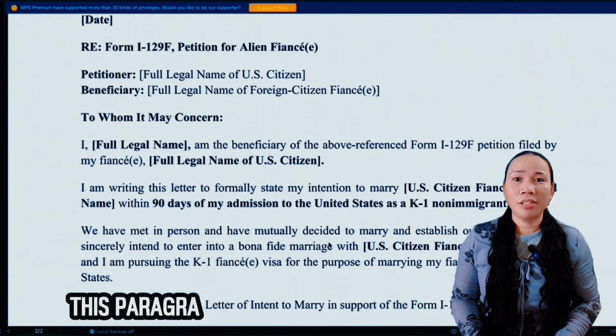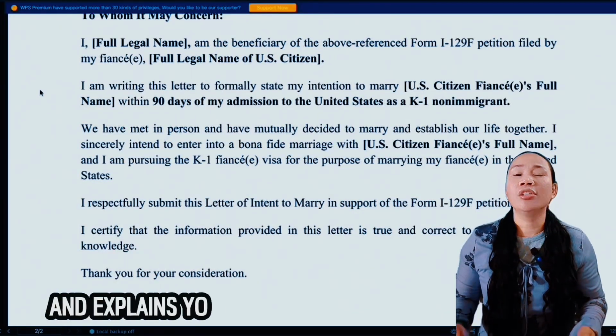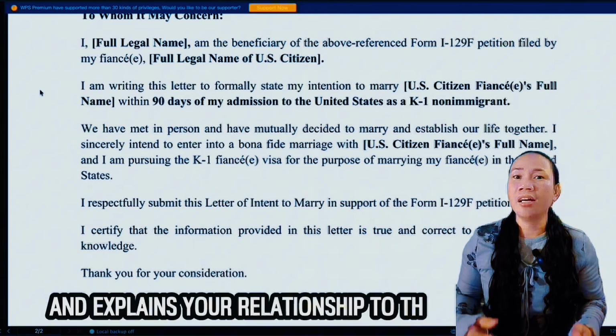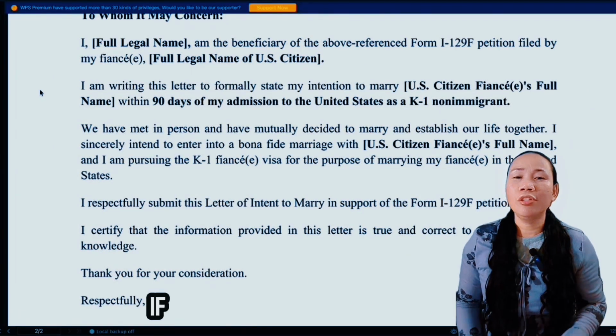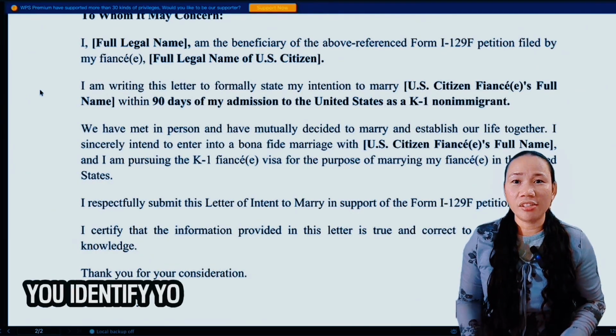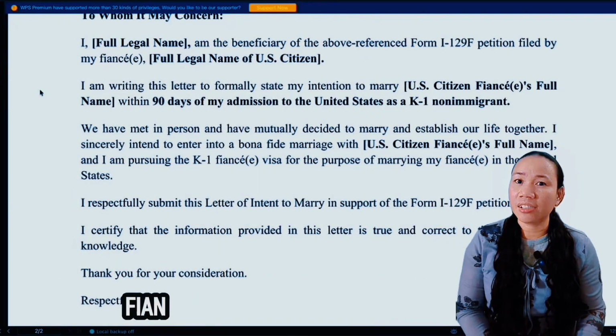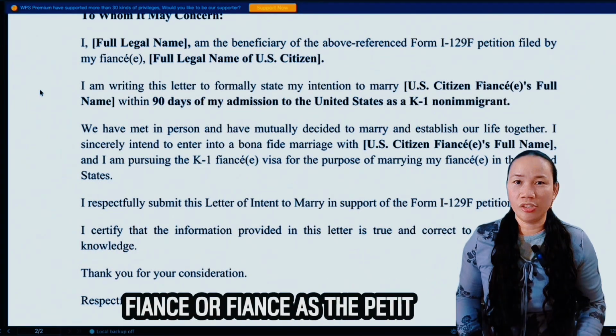This paragraph simply identifies who you are and explains your relationship to the petitioner. If you are the foreign citizen fiancé or fiancée, you identify yourself as the beneficiary and identify your U.S. citizen fiancé or fiancée as the petitioner.